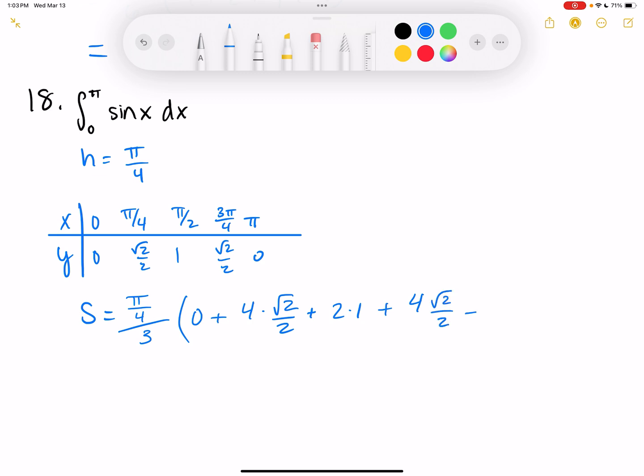Yep. So I've got pi over 12 times, let's see, the 4 and the 2 here reduce. So I've got 2 root 2 plus 2 plus 2 root 2. And we could reduce all this down by hand, but you can just type it in your calculator and get an answer.